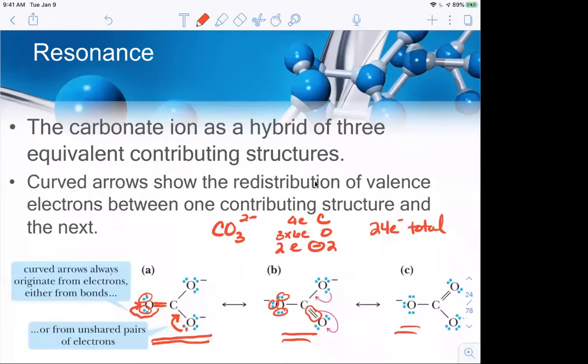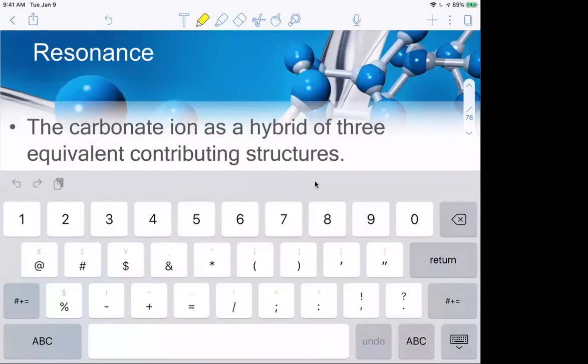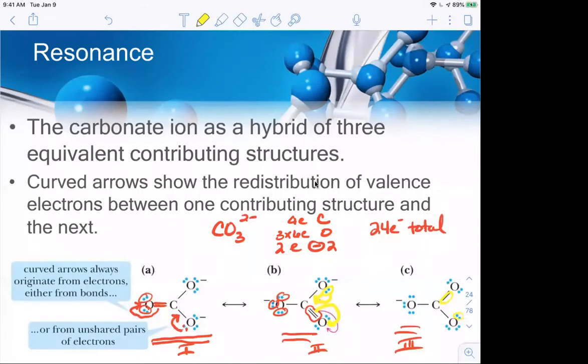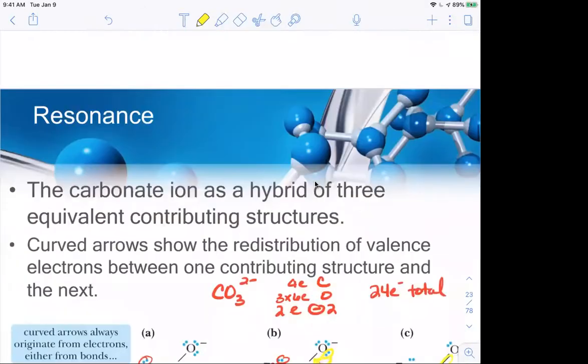And I can go from this second, so I have 1, I have 2, I have 3 structures by doing the same things. If I take my lone pair and I follow it, if I push this in, I have to take a lone pair out, and that gives me the double bond, and then now I have 3 lone pairs around that oxygen.